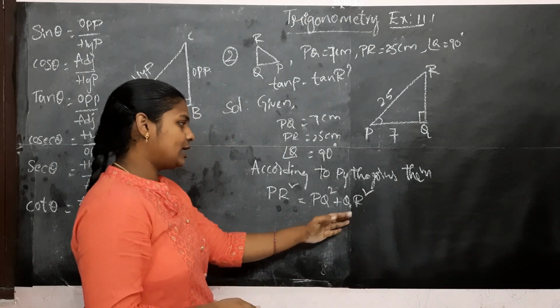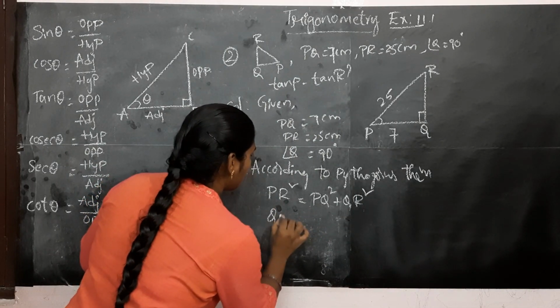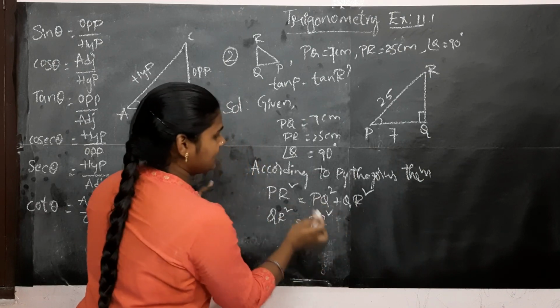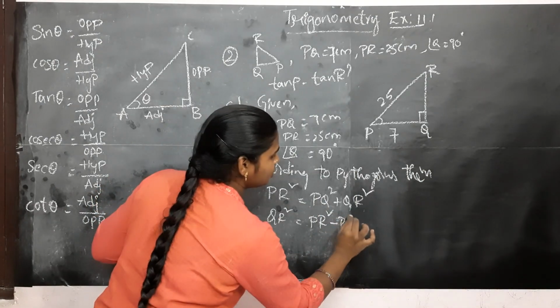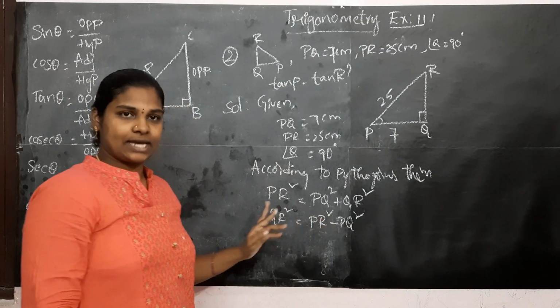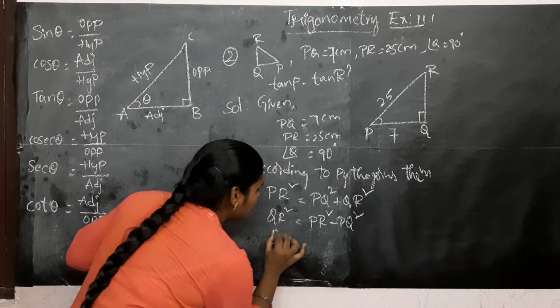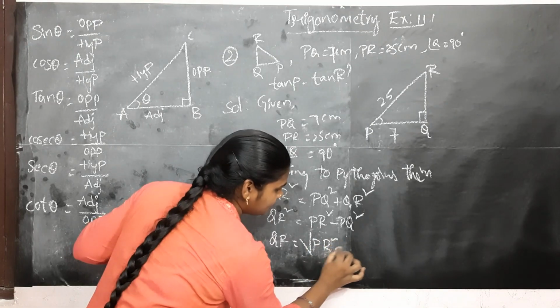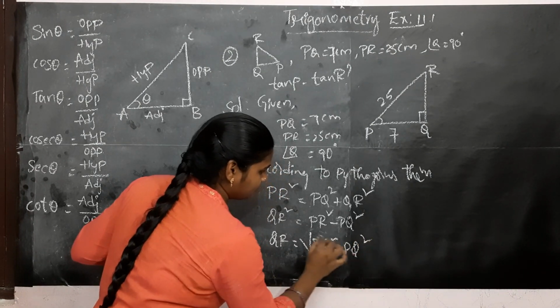So what does QR square become? QR square is equal to PR square minus PQ square. Now QR is equal to under root PR square minus PQ square.